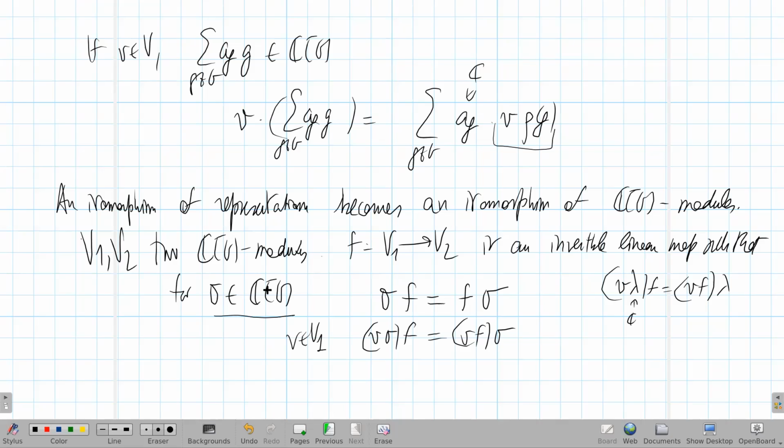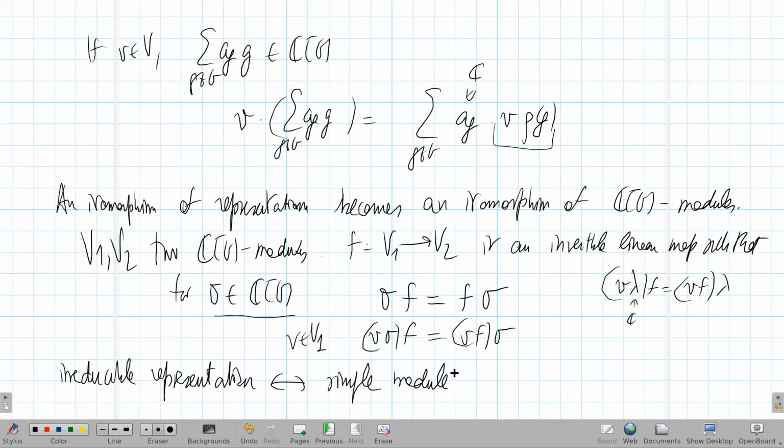And so an irreducible representation corresponds to a simple, or irreducible, module, a module which has no non-trivial submodules. In a sense, it's a slightly more natural thing.